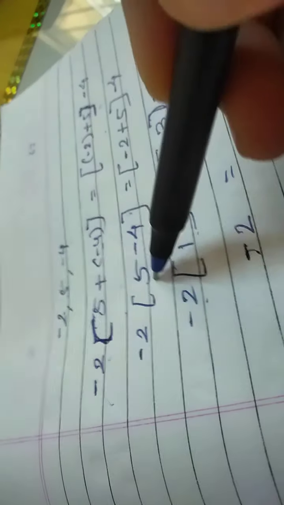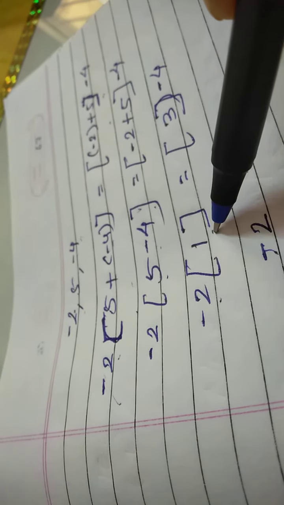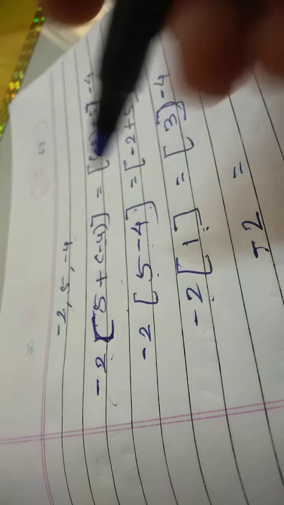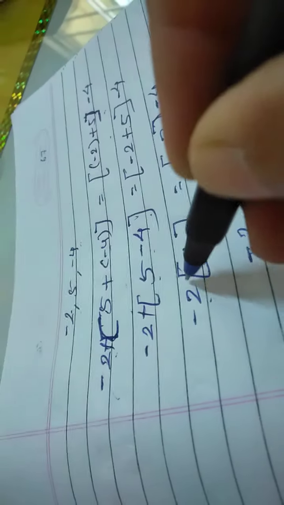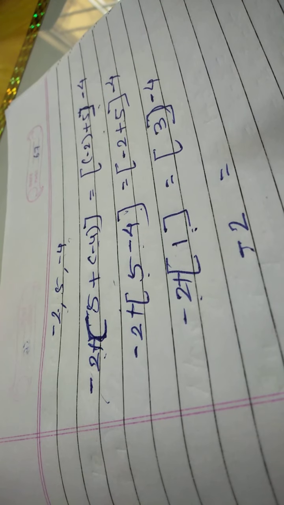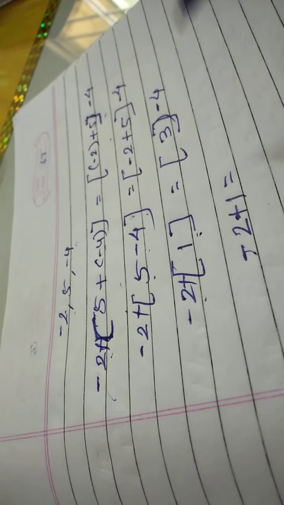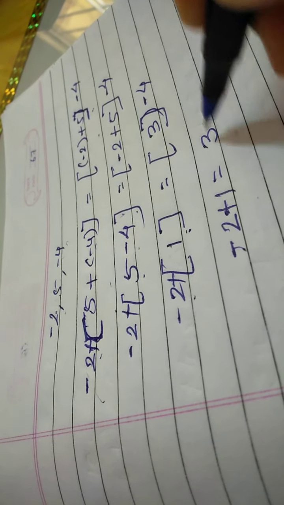Here it should be plus, wait a minute, it should not be multiply. So minus 2 plus 1, and 3 minus 4. We are doing associative property on addition. Minus 2 plus 1 is minus 1, is equal to 3 minus 4, minus 1.